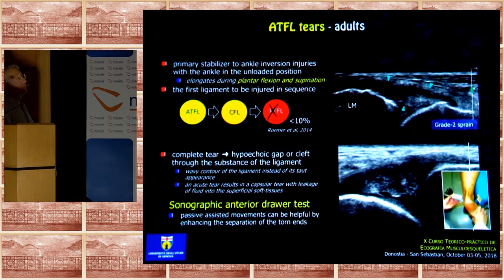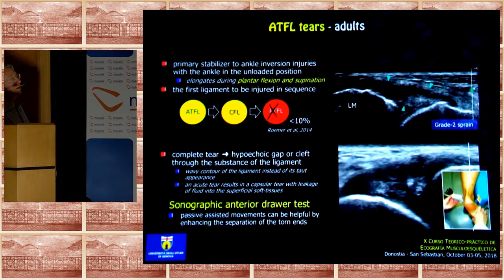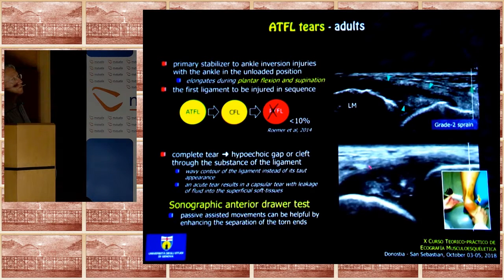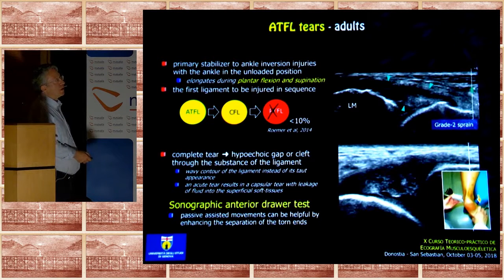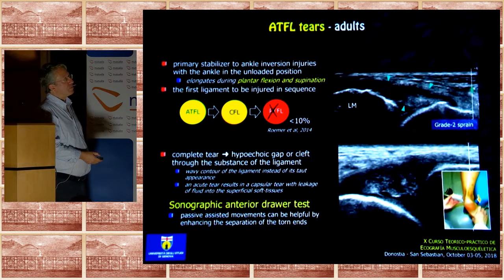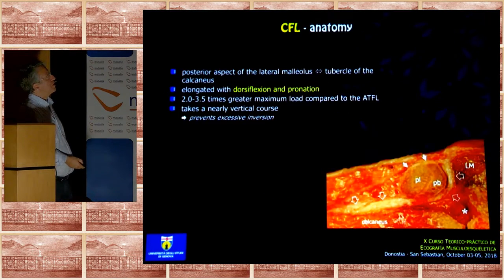This kind of maneuver may be helpful because, in doubtful cases, it may better clarify if there is a discontinuity in the ligament substance or not, and it also helps to demonstrate the instability, the talar shift relative to the lateral malleolus. So you can exert much more force in this position than with the foot flush on the table.